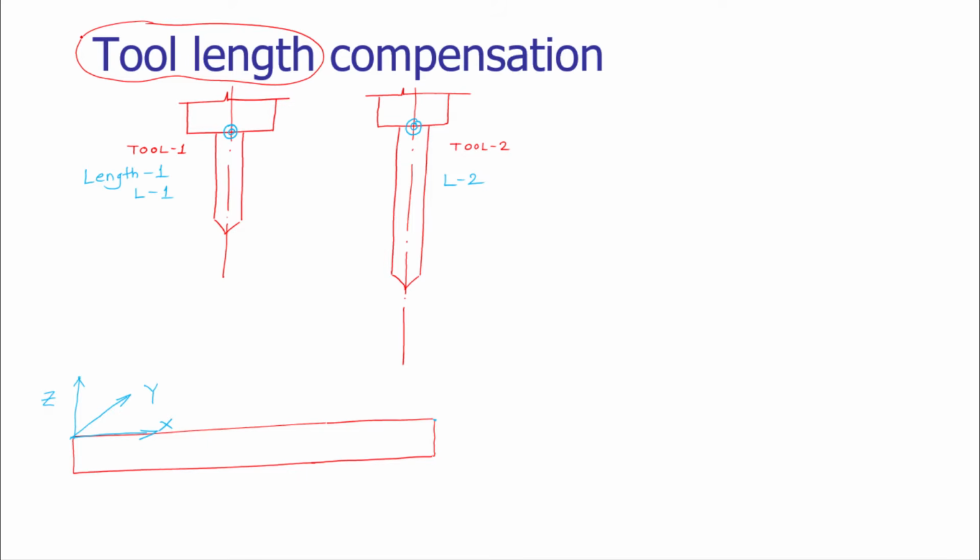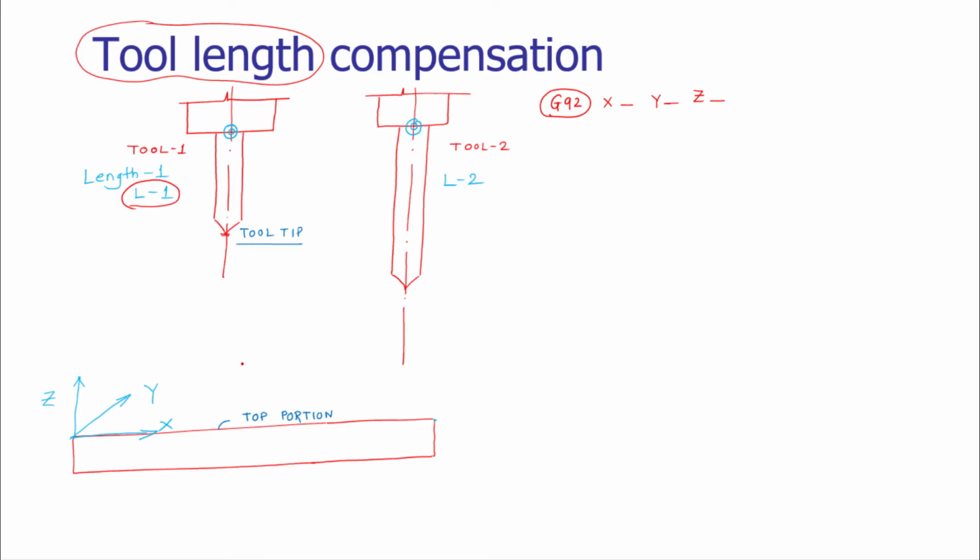Now during the G92, as we have seen, we have to enter the values of X, Y and Z. Now let us consider we are setting up this G92 with respect to tool 1. This tool 1 has length L1. What we are doing here is trying to take the tool tip to the top portion of the workpiece.